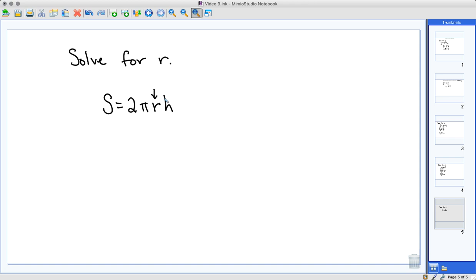What is the inverse operation of multiplication? It's division. So what I'm going to do is divide by everything except my r. That's the 2, the pi, and the h on both sides. So I'm going to have s over 2 pi h is equal to my r.